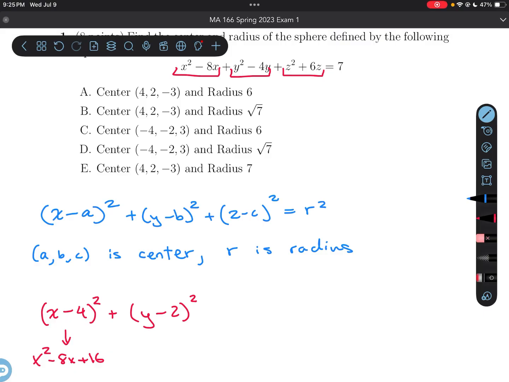But in this case our coefficient is 1, so it doesn't really matter. If I expand this, I get y squared minus 4y plus 4.